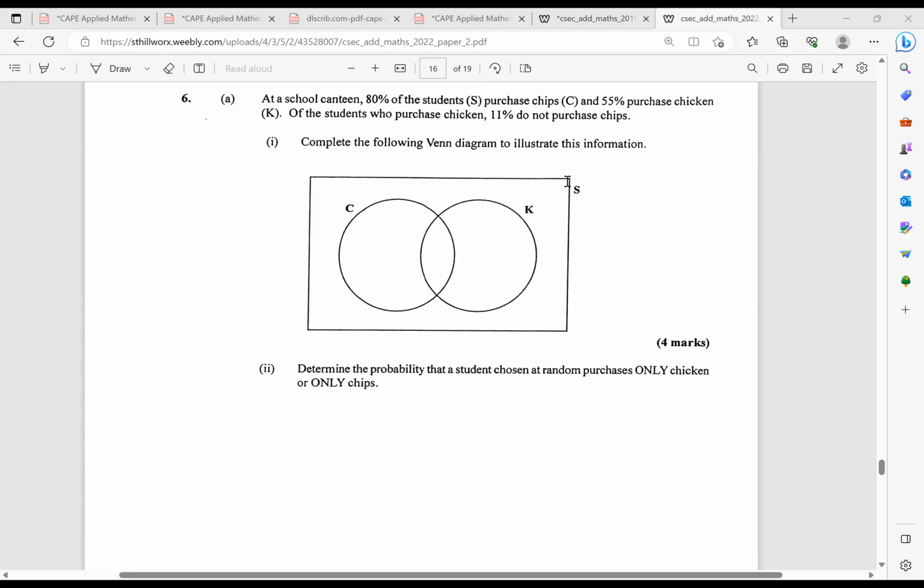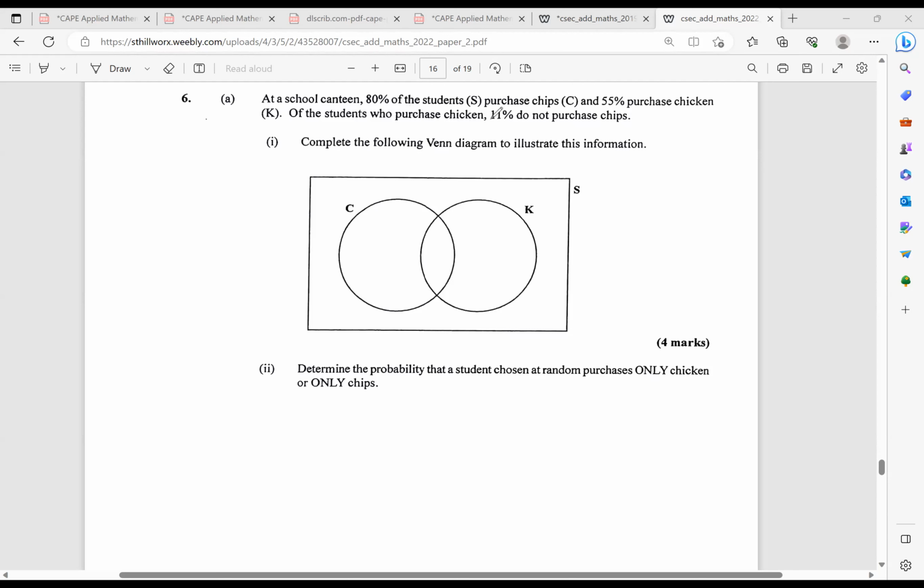Right. So they say that 55% purchased chicken, 80% purchased chips. Of the persons who purchase chicken, 11% do not purchase chips, right?